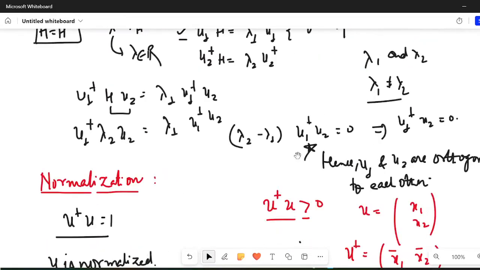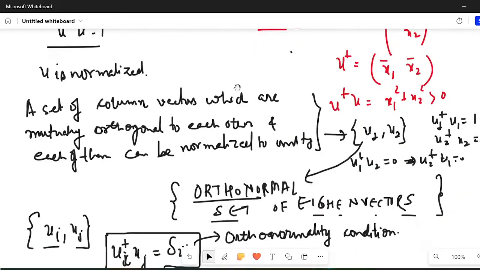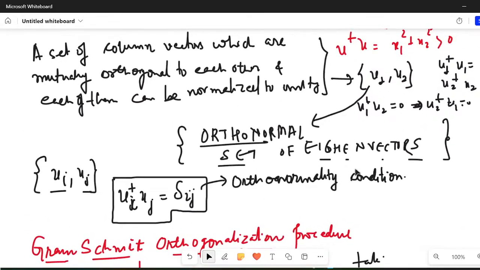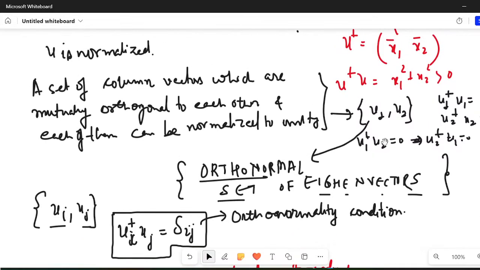And I stated one thing, I'll confirm it tomorrow, about the procedure to write orthogonal column vectors.